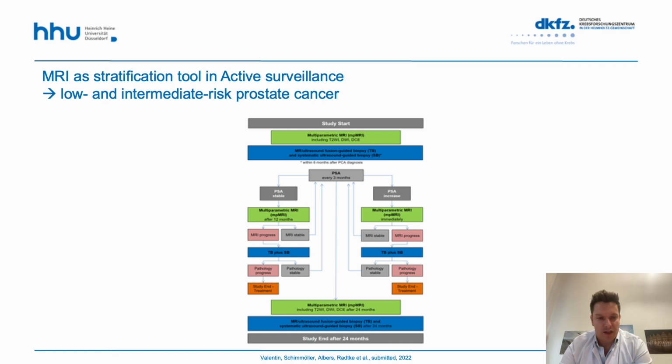So after 1 year on active surveillance based on MRI and transfusion biopsy, the patient underwent MRI, and only in case of an MRI progression, another MRI transfusion biopsy is applied. Otherwise, the patient will get another MRI scan after 2 years, and after 2 years, all patients underwent MRI transfusion biopsy to end the study.